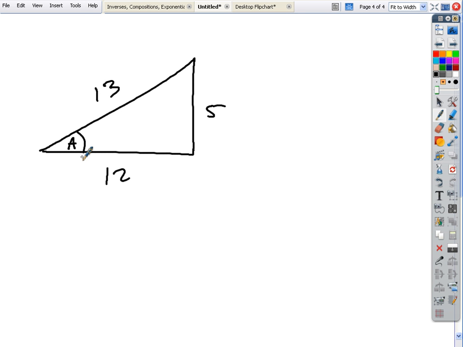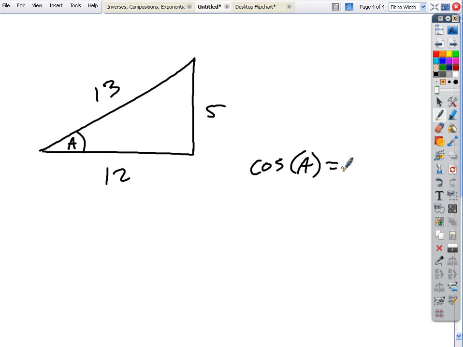What's the cosine of A? Okay, what do you think? What's cosine of A?